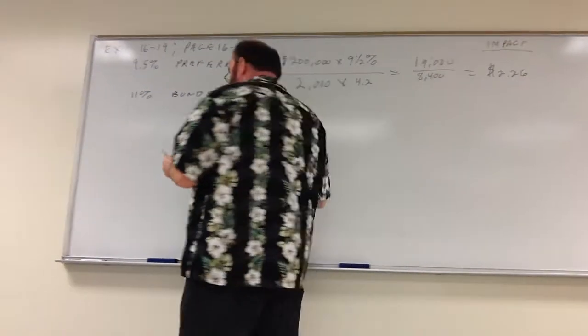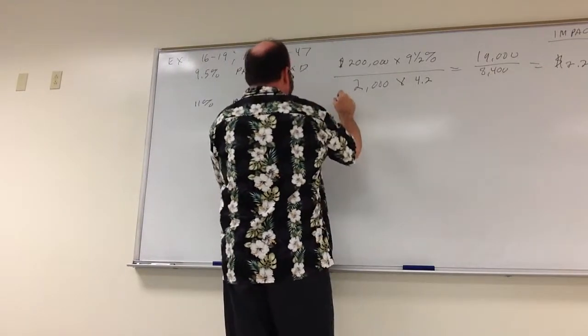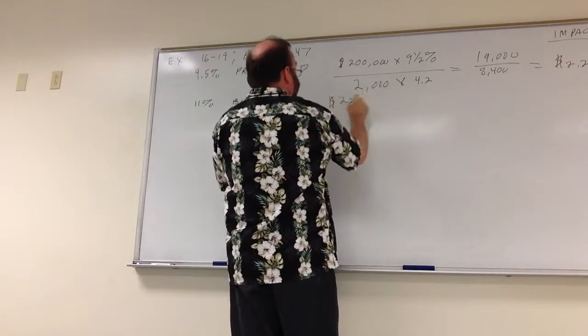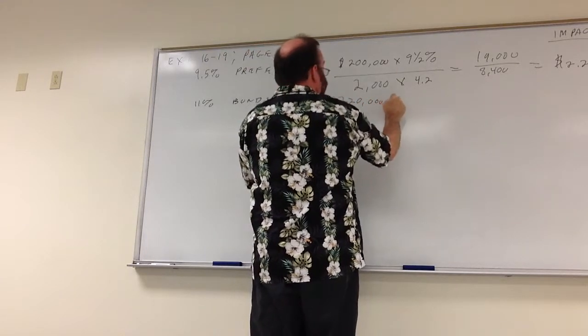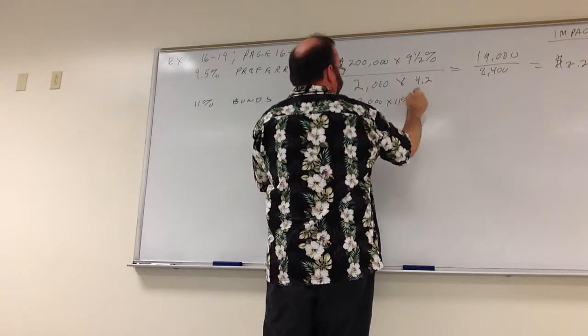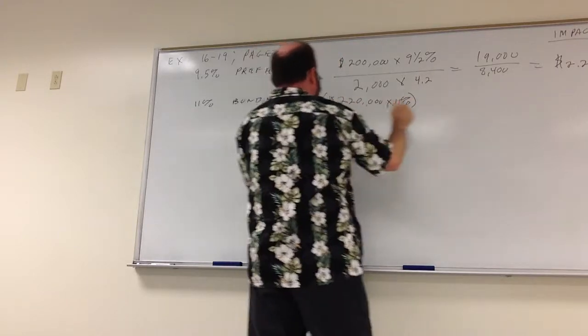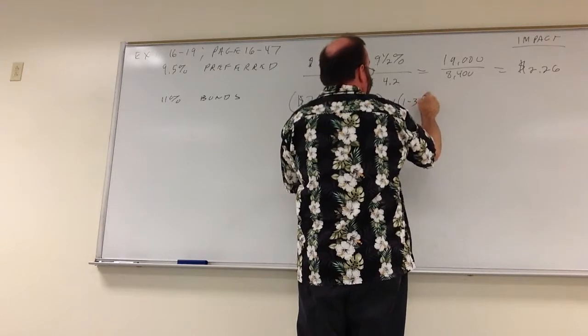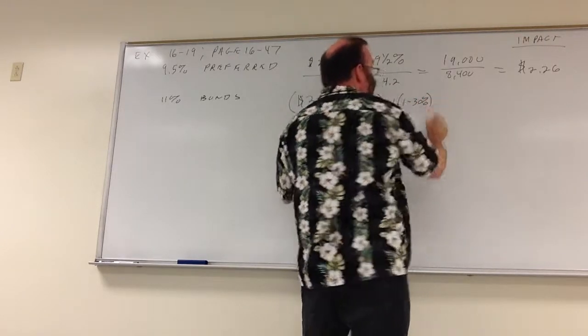So let's do the math. We have 220,000 times 11%. We're then going to multiply that by 1 minus 30%, which is the tax rate.